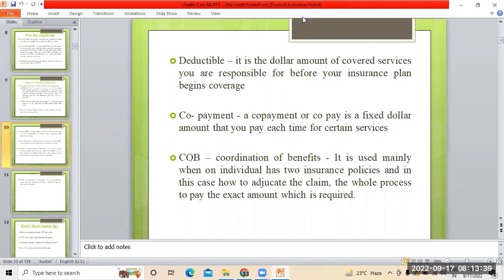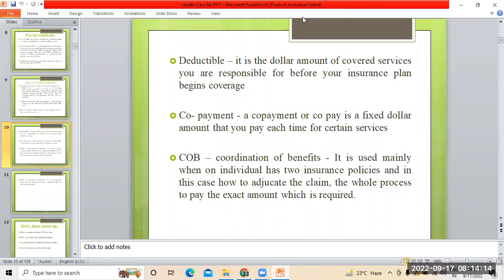So a deductible is an amount of covered services for which the individual is responsible before the insurance plan starts covering. So it's a fixed amount of money where some amount has to be paid before any insurance plan begins coverage. It's all relating to the deductibles part.